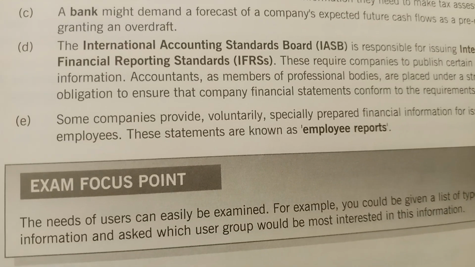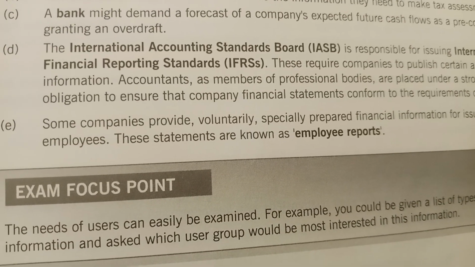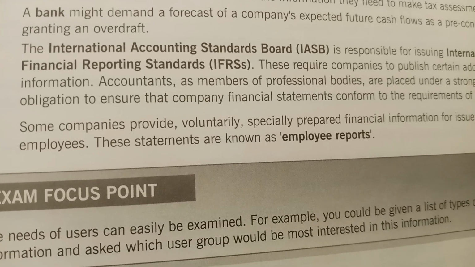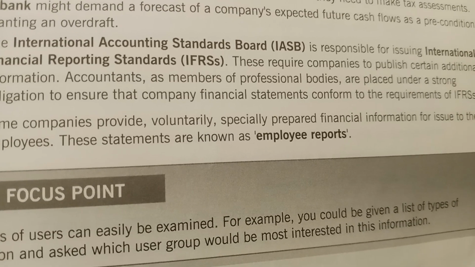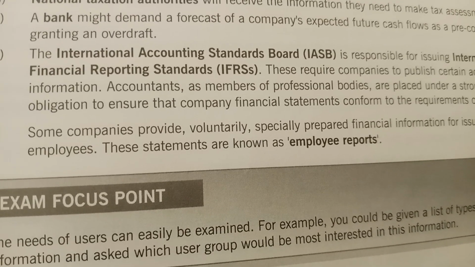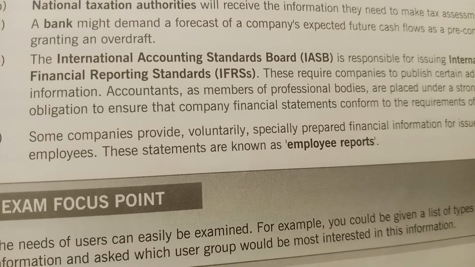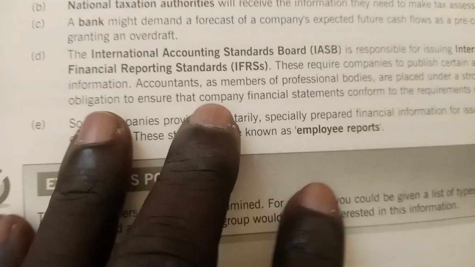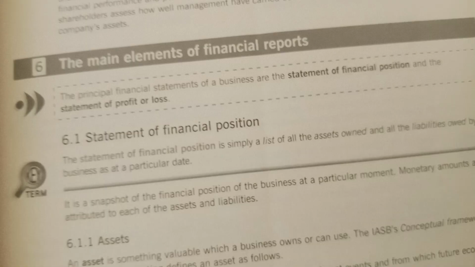That is very clear. Some companies voluntarily provide specially prepared financial information. So you'll find the International Accounting Standards Board issued directives and standards under which accountants or companies, or directors, have to prepare their books.